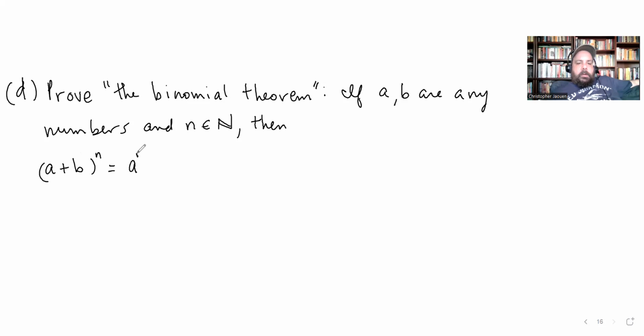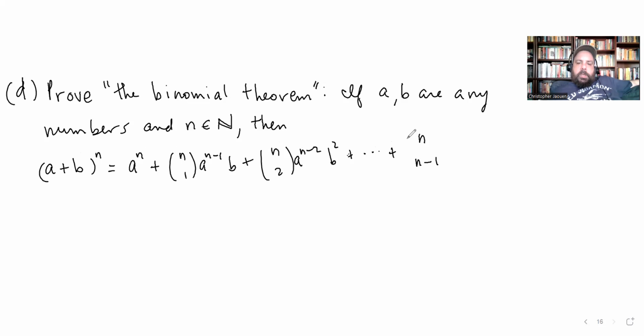is a to the n plus n choose 1, a to the n minus 1, b, plus n choose 2, a to the n minus 2, b squared, plus dot dot dot, n choose n minus 1, a b to the n minus 1, plus b to the n.